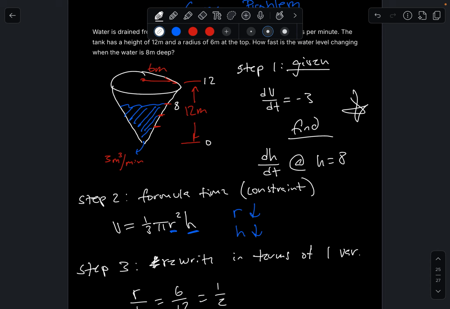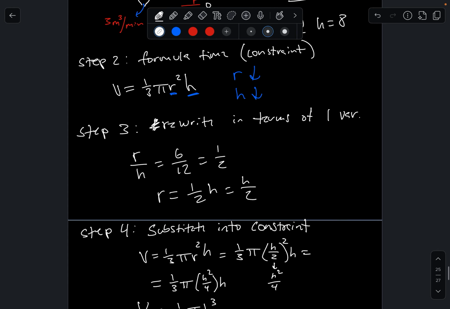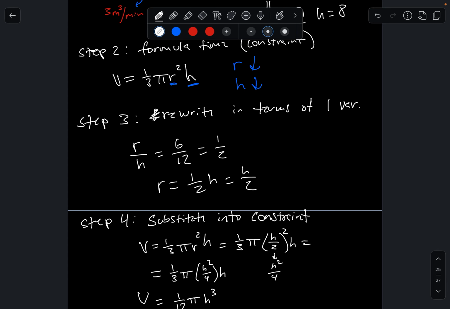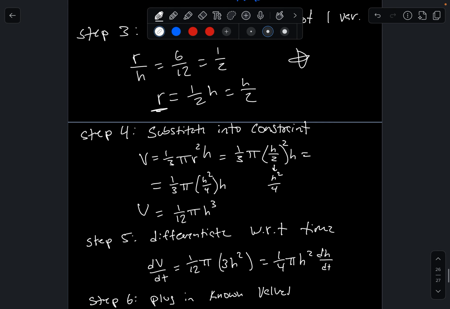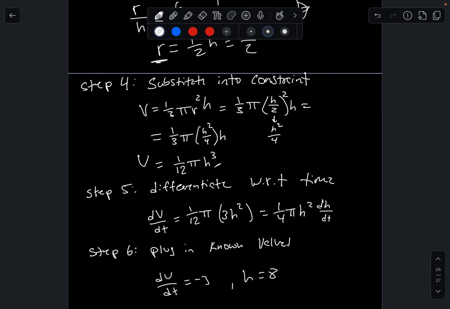And that is another way to determine what variable you want to substitute for in the constraint section. We know that we have an h, so we want to rewrite and get rid of the r so that the formula we use is in terms of what we have.